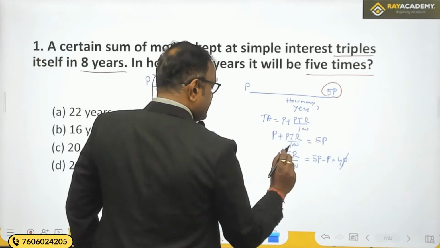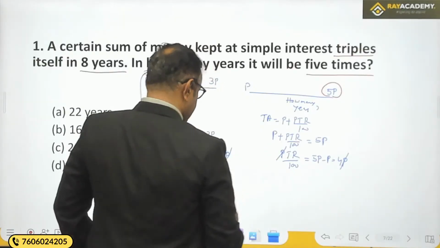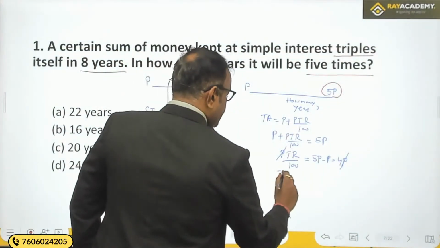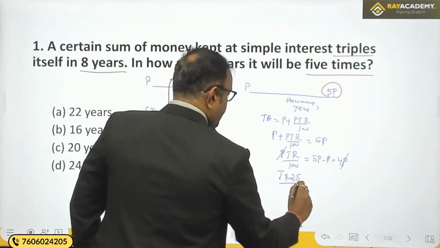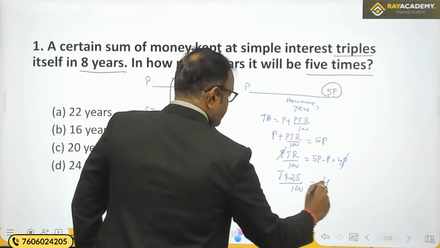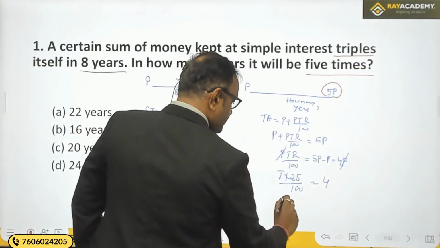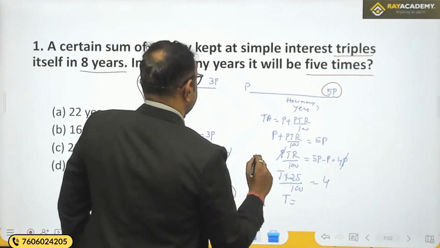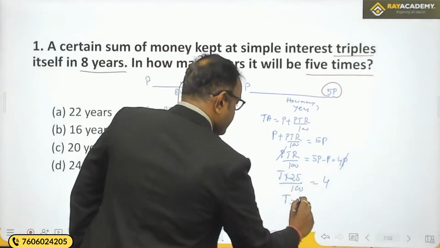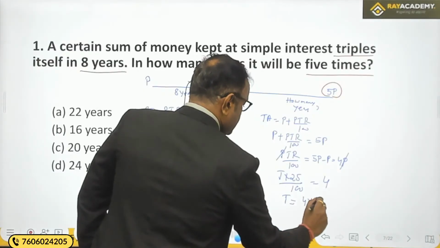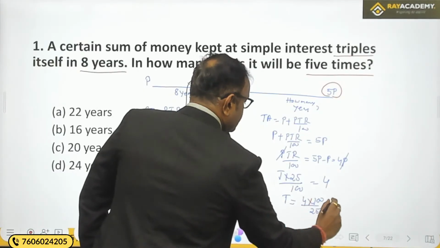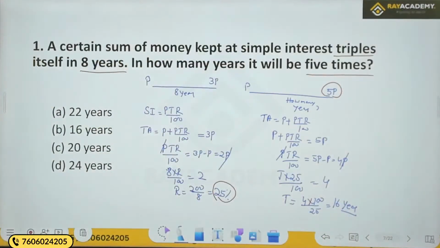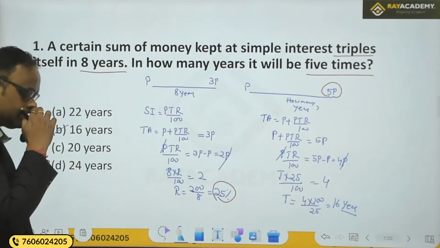But you have to find out T. R we have found out, that is 25%. So you can say T multiplied with 25 by 100 equals 4. Okay. So T equals 4 into 100 by 25, that is 16 years. So for this question the answer will be option B, that is 16 years.